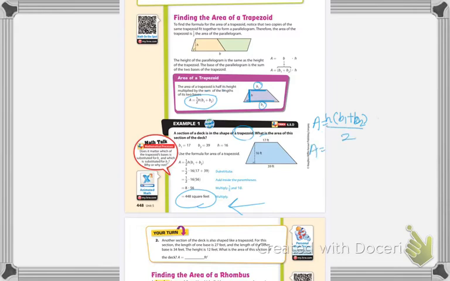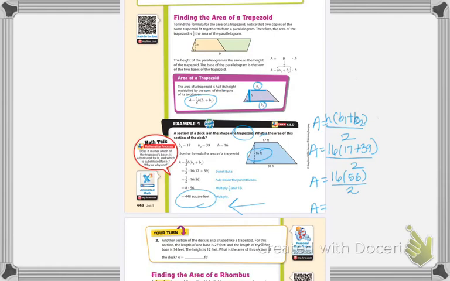So you put here the height is 16, multiply by base 1 plus base 2 all over 2. So you can say 16 times 17 plus 39 is 56. Multiply that by 16 divided by 2. When you multiply that, 16 times 56, it's gonna give you a big number, and then you divide that by 2.